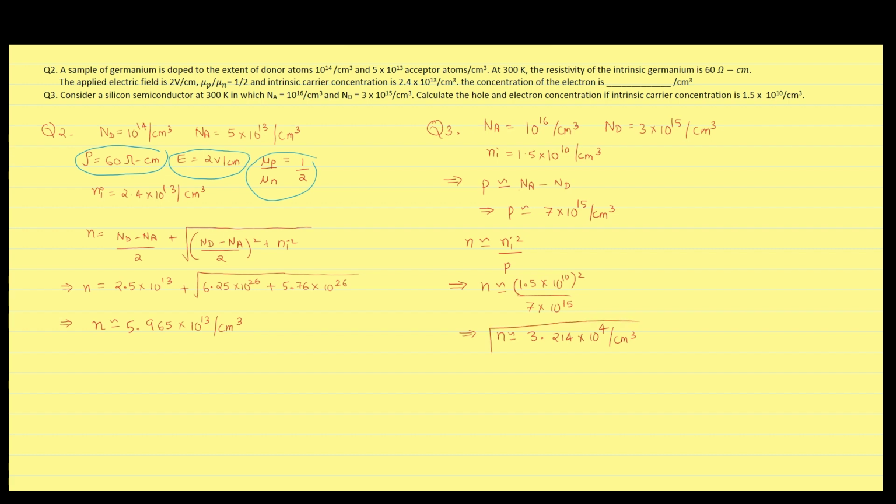For the fourth question, we have to calculate total diffusion current density at x is equal to 0, and we know the diffusion current density due to holes is equal to minus diffusion constant of hole multiplied by charge on a charge carrier multiplied by gradient of hole concentration.